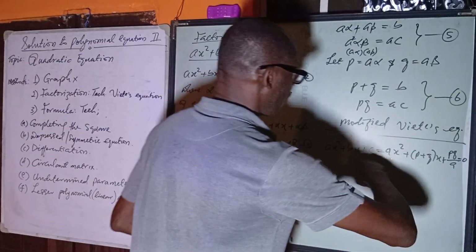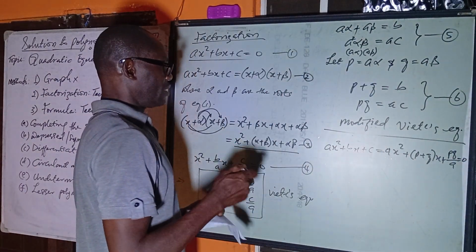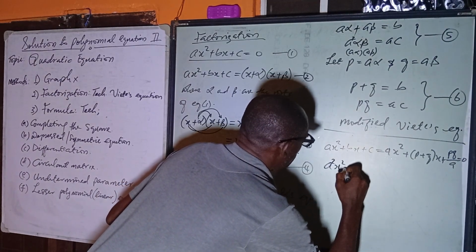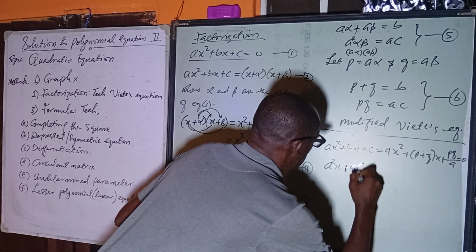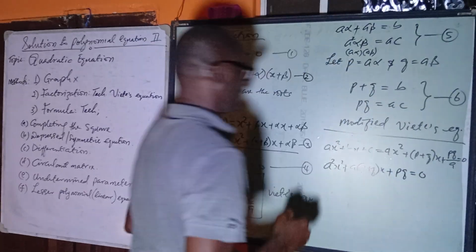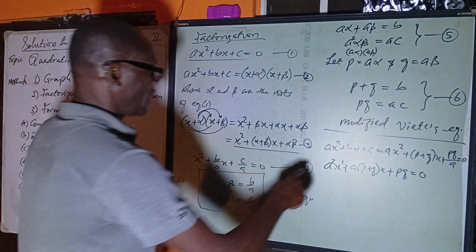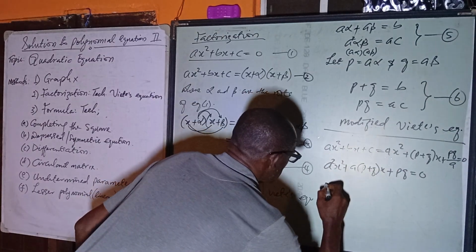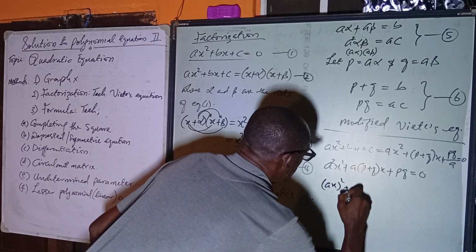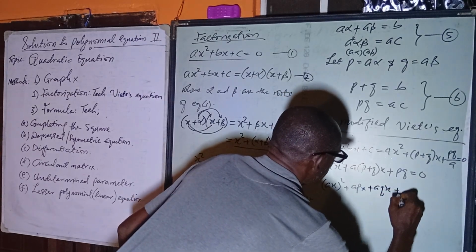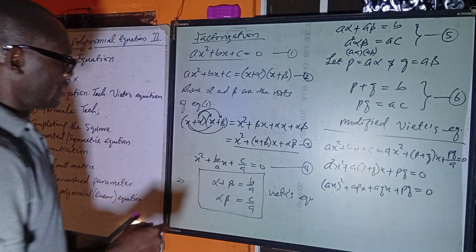Now if I multiply across by a, I will have a squared x squared plus a(p plus q)x plus pq equals 0. Now if I open up this bracket, I'll have a squared x squared plus apx plus aqx plus pq equals 0.